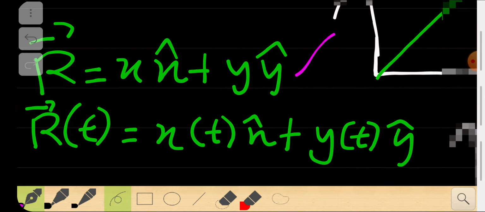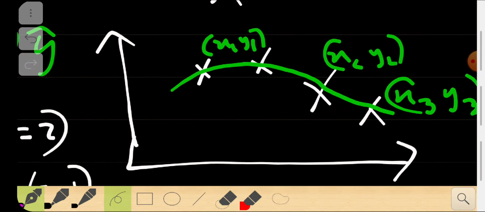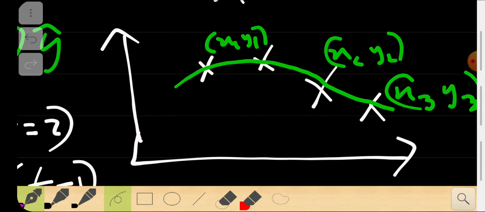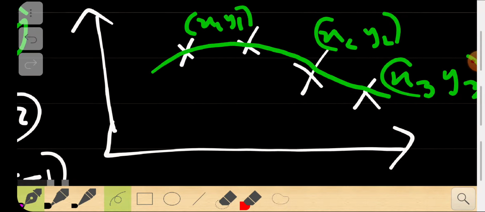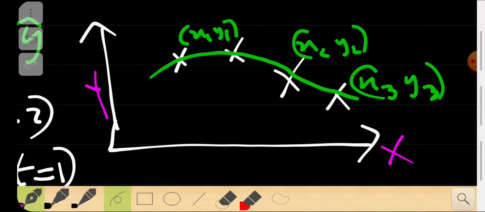Now if you have a plot like this, where x and y are constantly changing with time, then there is a hidden time axis. Even though it is an x and y axis, the time axis represents the changes in x and y at different values of t.